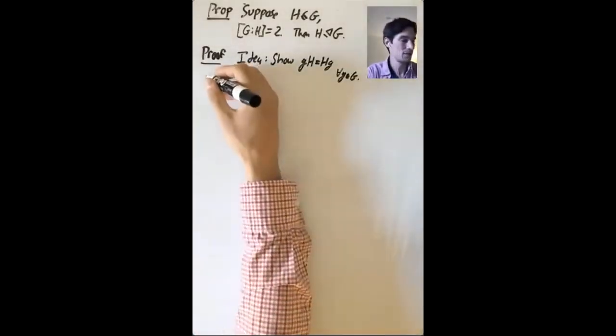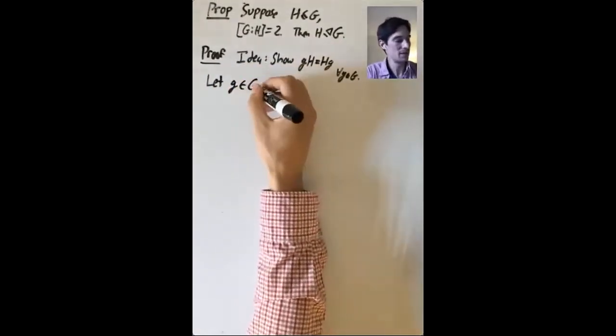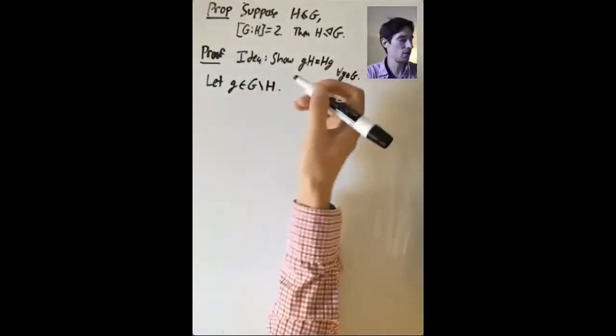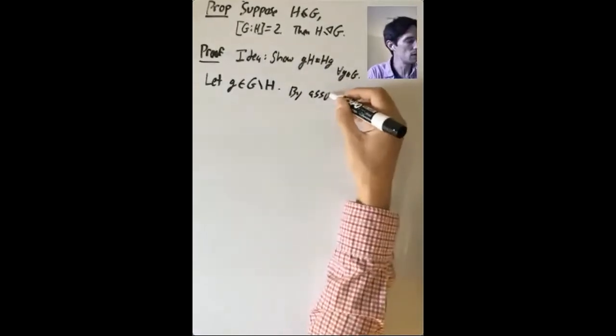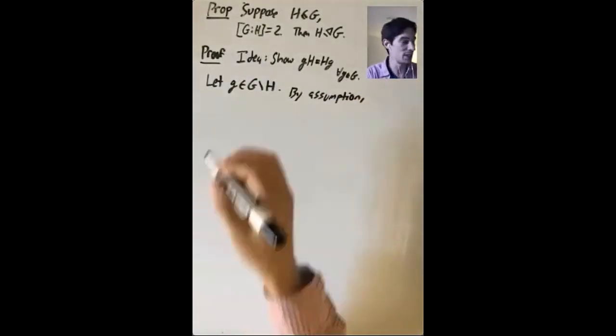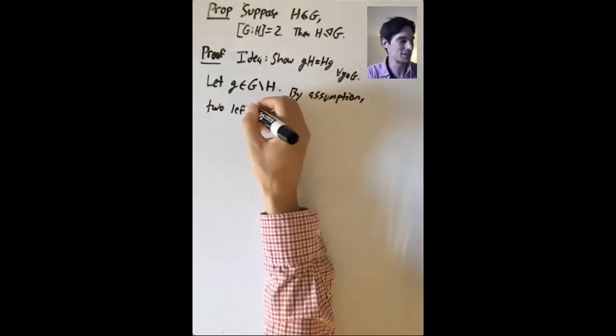So what are we going to do? Let's take an element that's in G, but not in H. So by assumption, what do we know about the left cosets of H in G? There are 2 of them, because it has index 2.